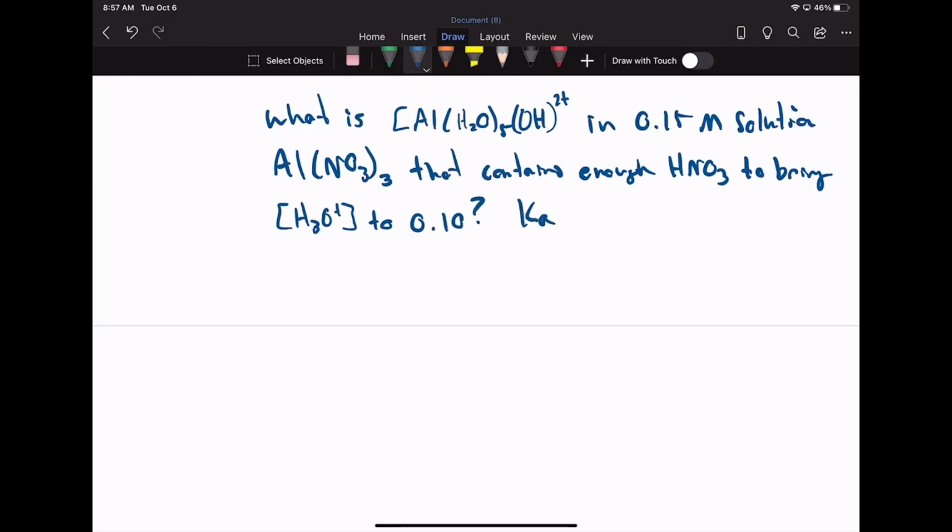And we'll give you a Ka equal to 1.4 times 10 to the minus 5.